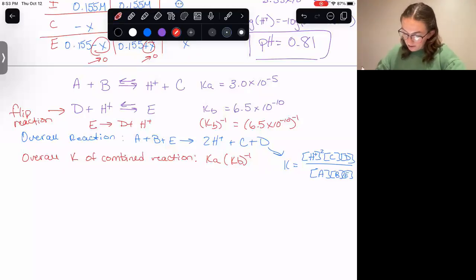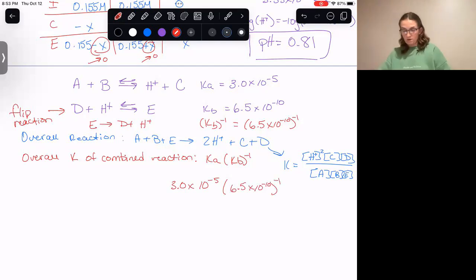So we could say that this was 3.0 times 10 to the -5 times 6.5 times 10 to the -10 to the -1. Right, and just that 6.5 is to the -1, not the 3.0.